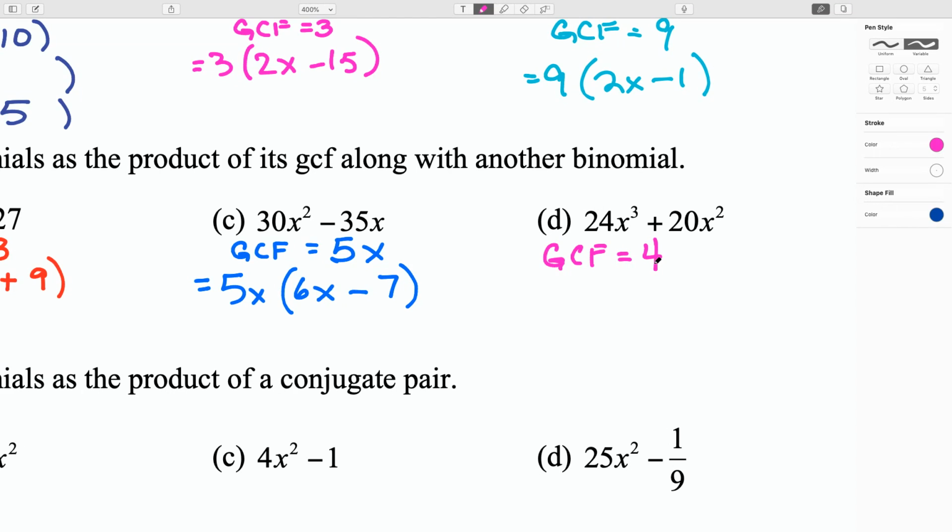Now we have x cubed and an x squared. So I'm sure you agree that x can go into both. But is that the greatest? Well, let's see if you expanded x cubed. You would get x times x times x. And if you expanded x squared, you would get x times x. So what factors are in both x squared and x cubed?